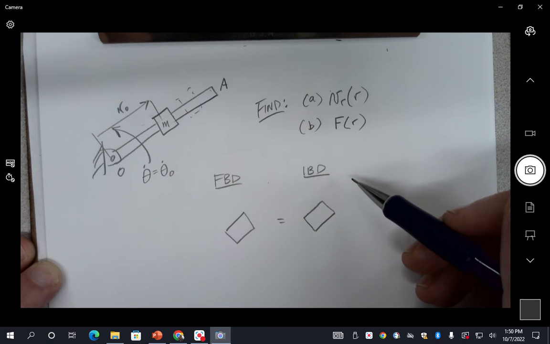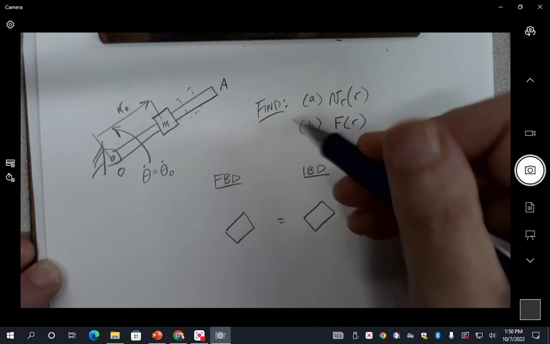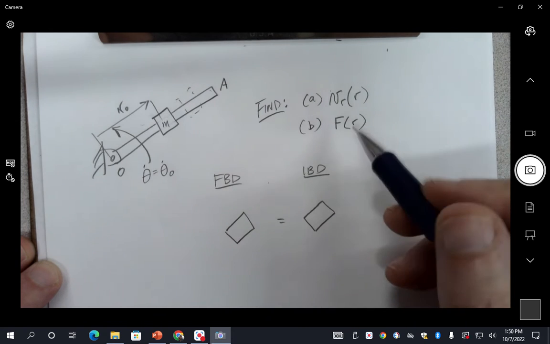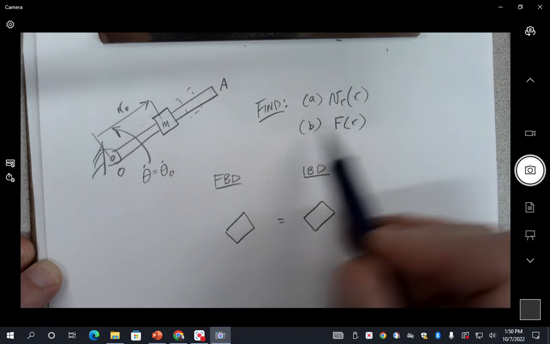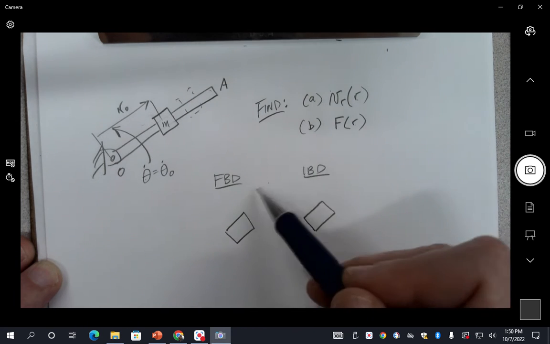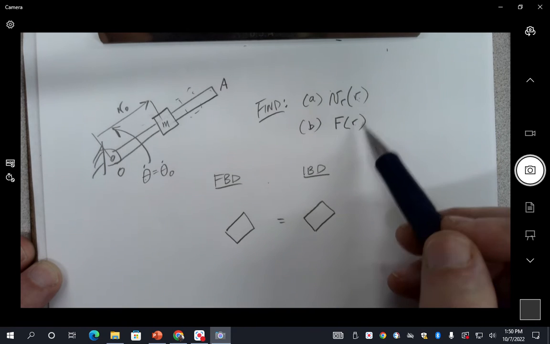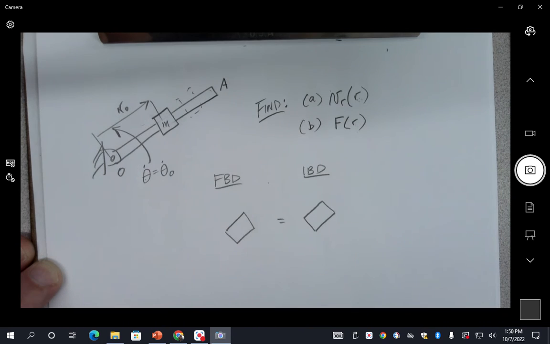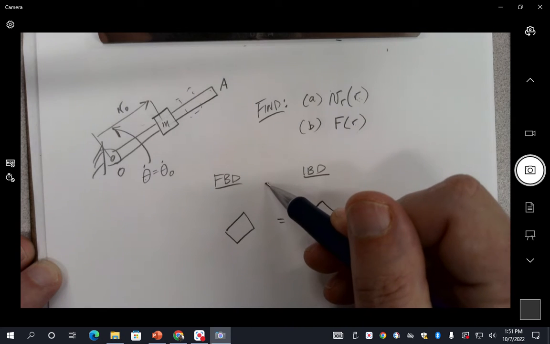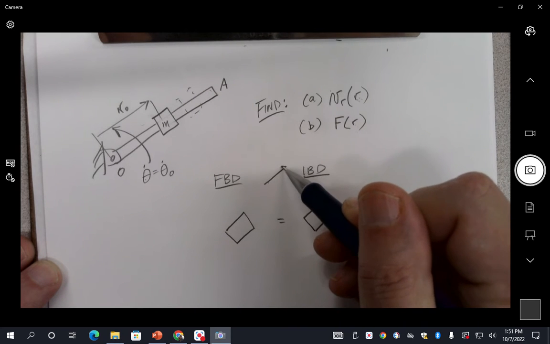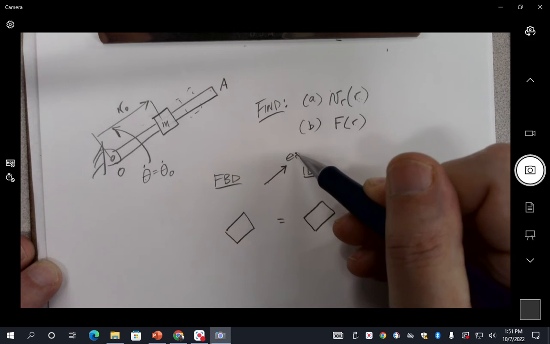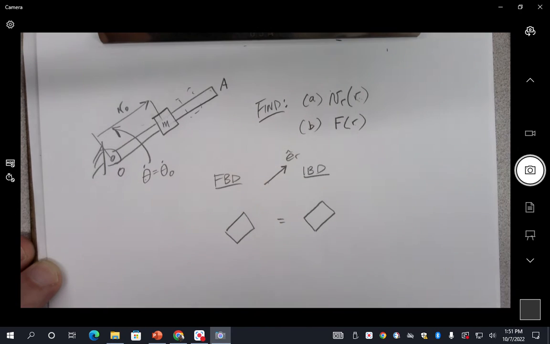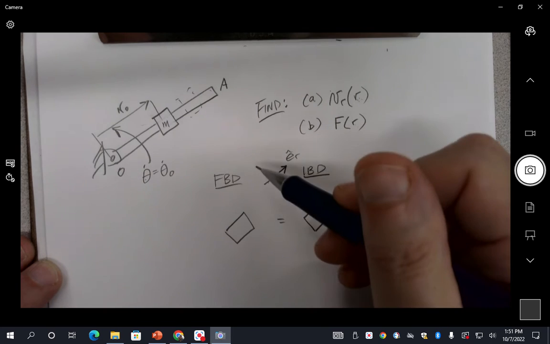What coordinate system? Polar, right. You see the R, and you see the theta dot, and you say as a function of the radius. It lends itself to being a polar coordinates problem. So R must be aligned that way, call it ER. And then E theta is always 90 degrees and pointed to the left.